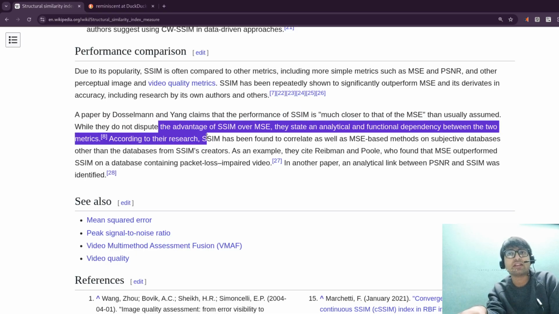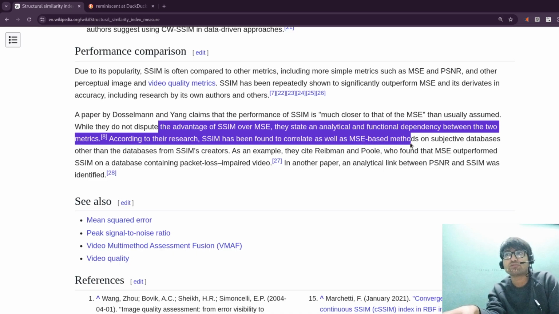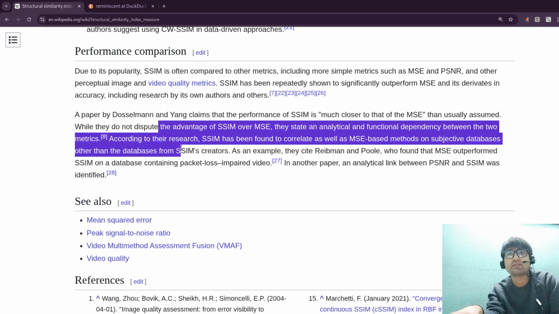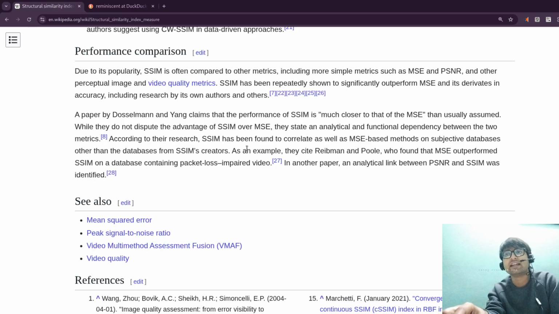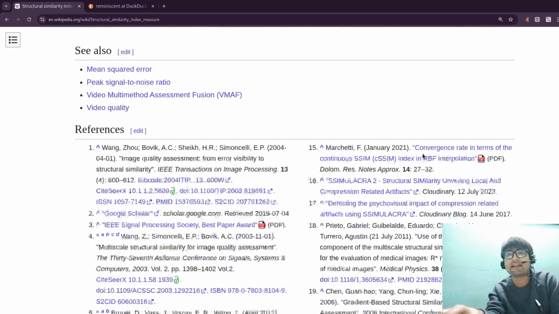According to the research, SSIM has been found to correlate as well as MSE-based methods on subjective databases other than the database from the SSIM creator. As an example, they cite Rybeman and Pole, who found that MSE outperformed SSIM on a database containing packet loss impaired video. In another paper, an analytical link between PSNR and SSIM was identified.